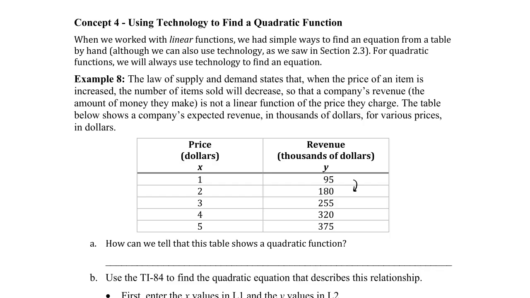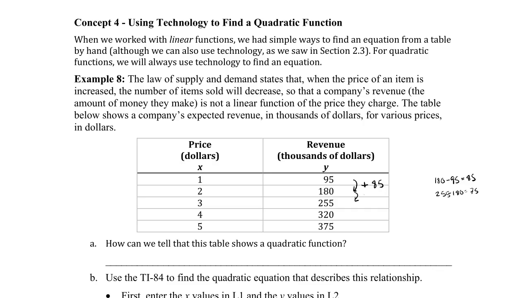So going from 95 to 180, we'll work out 180 minus 95 is 85. So here we add 85 to the revenue. 255 minus 180 is 75.